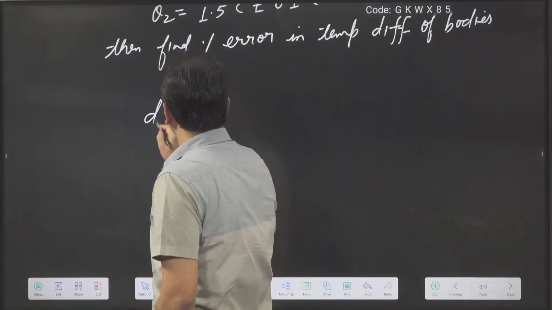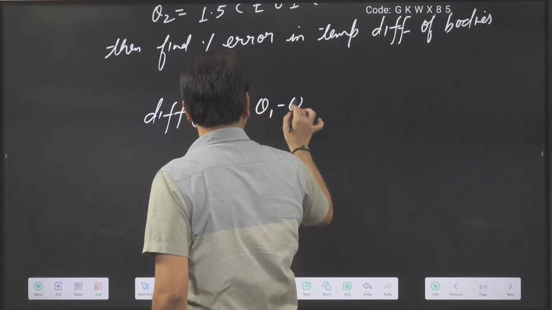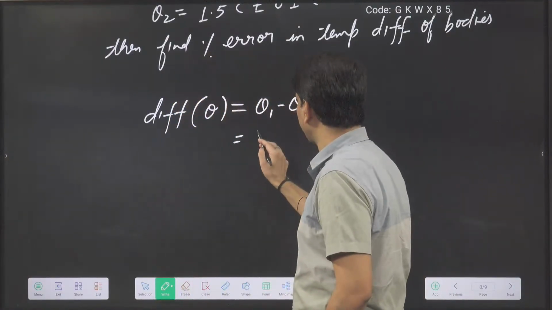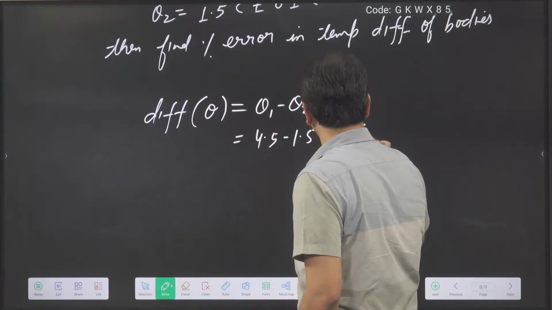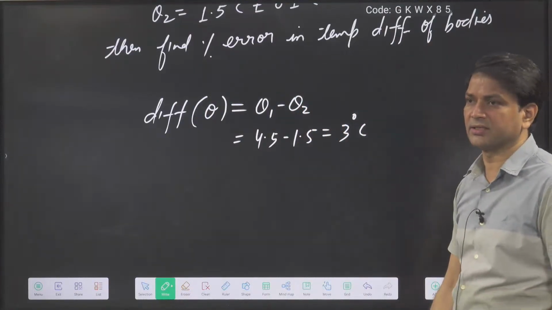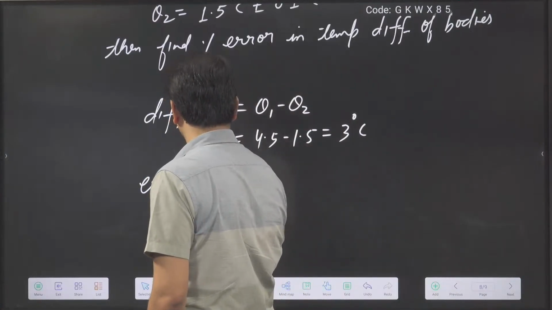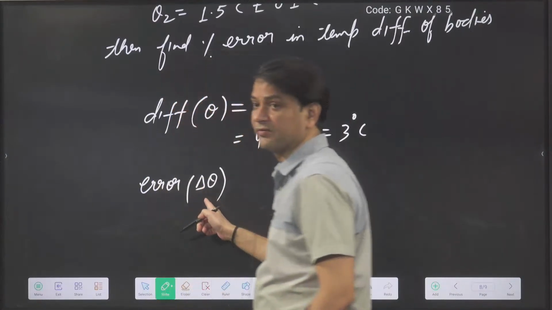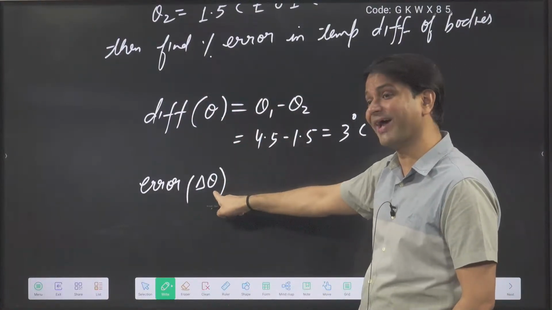So the difference, suppose I write as theta. That theta is theta 1 minus theta 2. So the true value: 4.5 minus 1.5 is equal to 3 degrees C. Now how will I calculate the error? Error means delta theta. This delta theta is not the temperature difference; theta I write as the difference, so delta theta is the error in the difference.